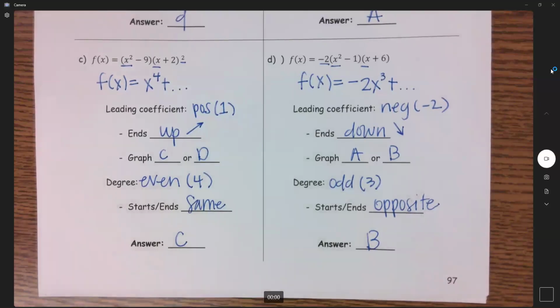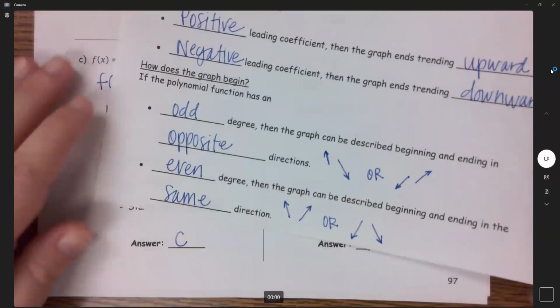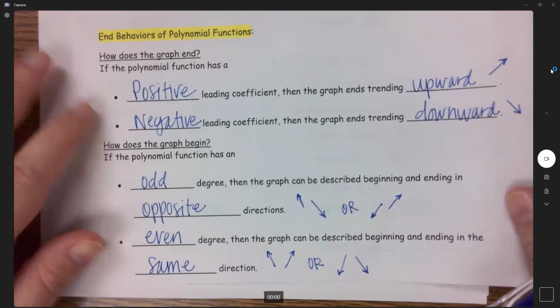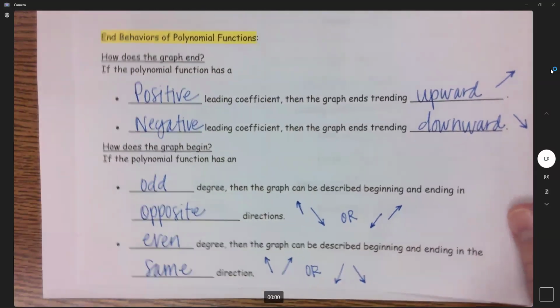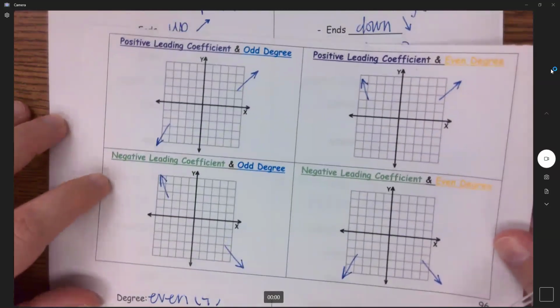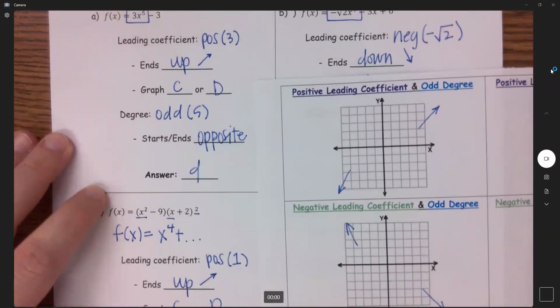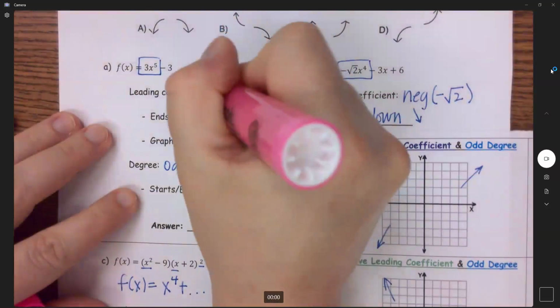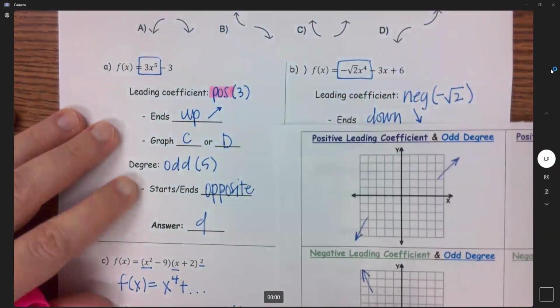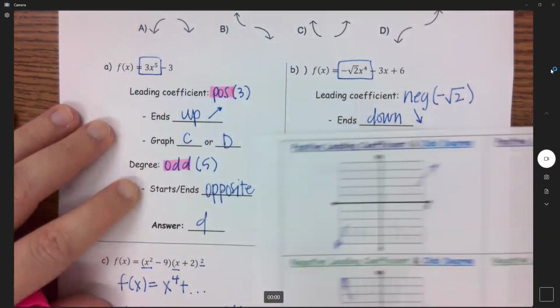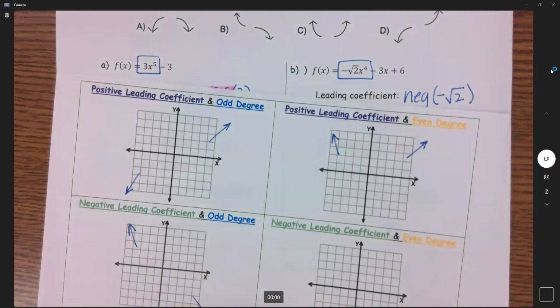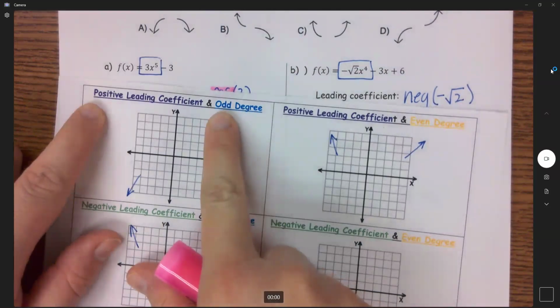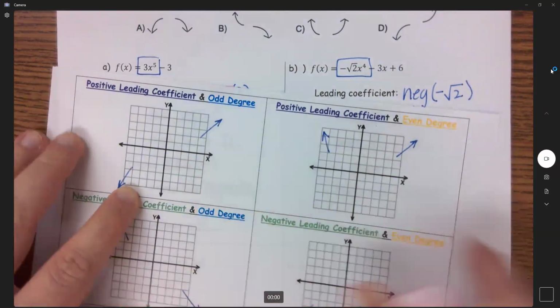Now, as I filled this all out, what I did was use this portion right here. But just to show you, you can use this right here. Once you realize, like on part A, that you have a positive leading coefficient with an odd degree, you can come over here, positive odd degree, it needs to look like this.